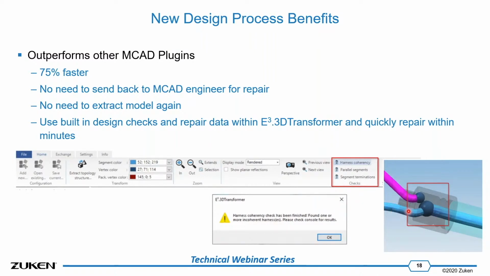Here you can see an example of a splice or a node that is not joined, a broken segment, so you can join this within the tool and fix that data. And now you can start to see how E3 3D Transformer is going to help us get to that ultimate goal of a manufacturable harness print a lot faster, 75% faster.